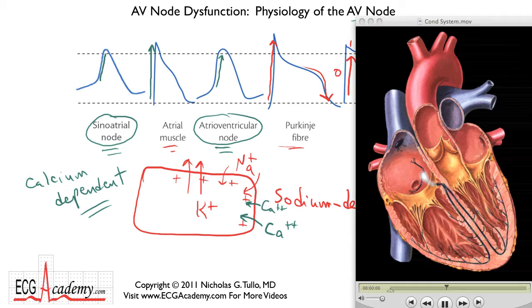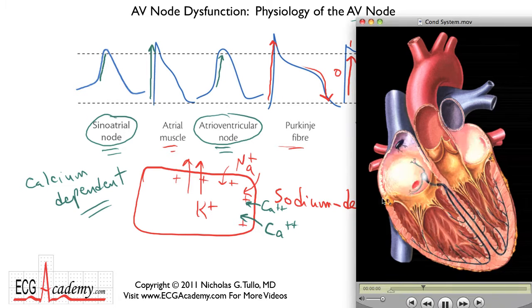If we bring up our video animation, you can see that the atrial depolarization spreads rapidly, but the AV node hangs the signal up for a split second. So there's a little bit of delay in the conduction through the AV node, and this becomes important in understanding what happens when the AV node is incapable of conducting every impulse.